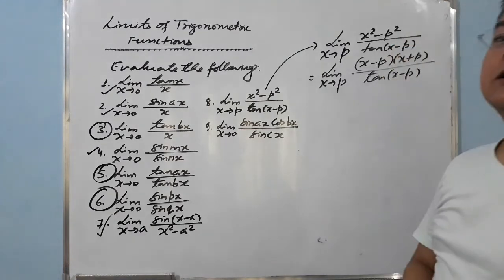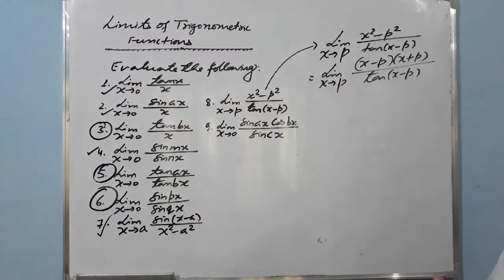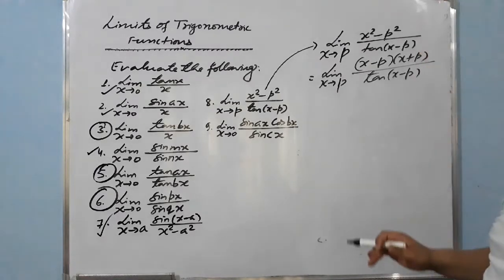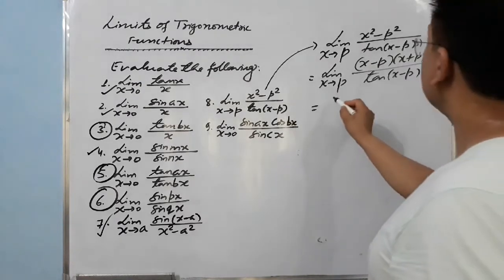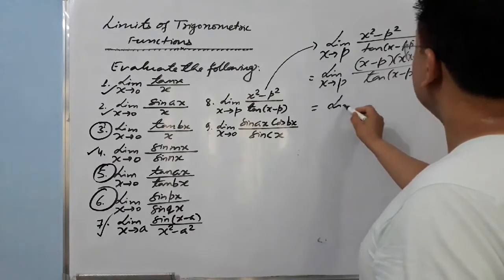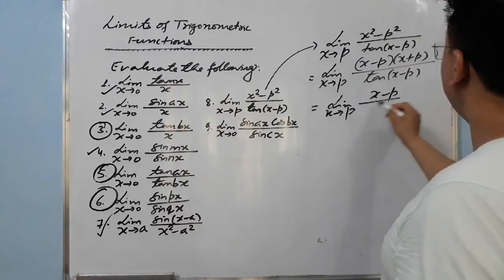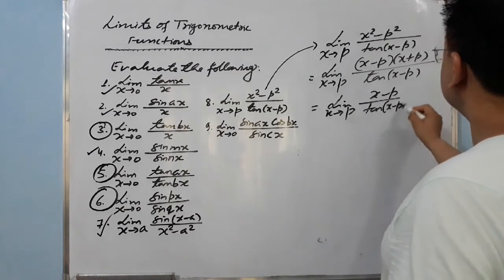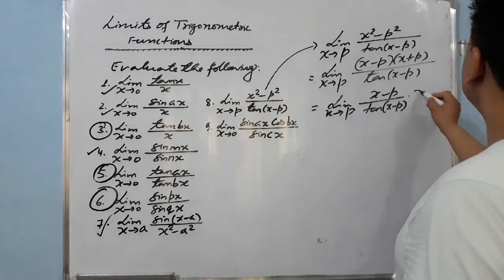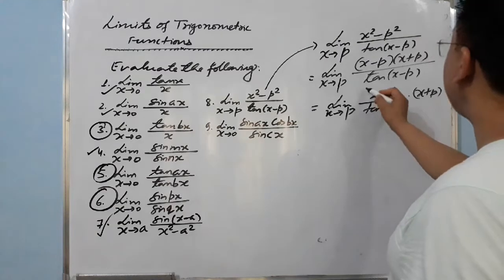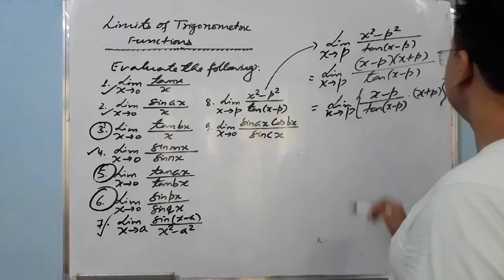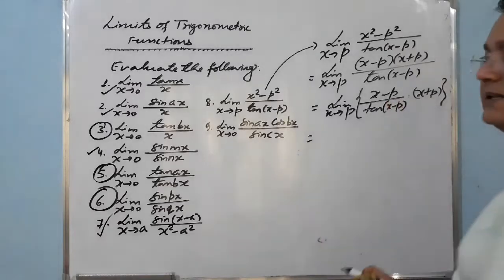This is also in 0 over 0 form, right? Is equal to the limit as x tends to p of x minus p over tan of x minus p, into x plus p. One more bracket I may use here so that all these things are in one bracket.